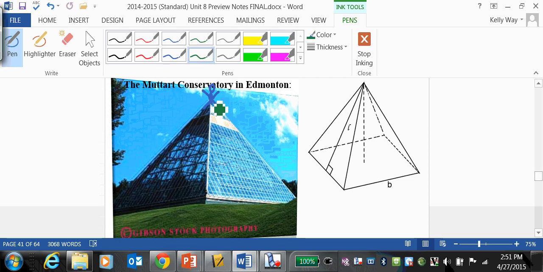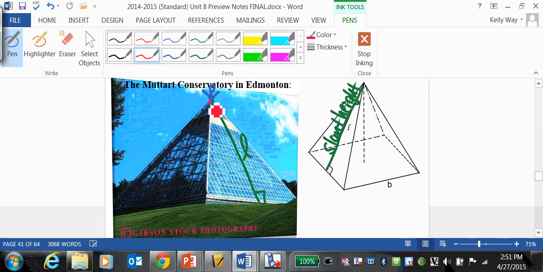If you were to ski straight down the middle flank, that is called the slant height. It's a type of height, but it's slanted, and we use a cursive l for that. So if you ski down the side, that's slant height.